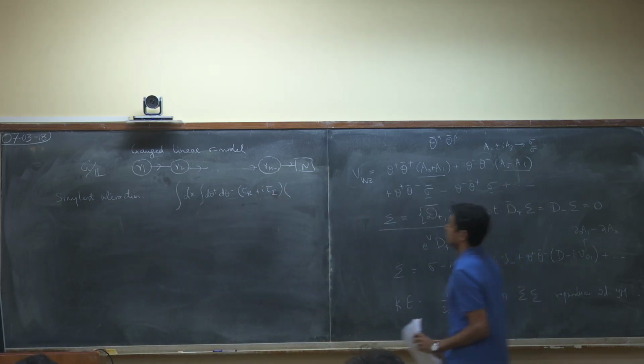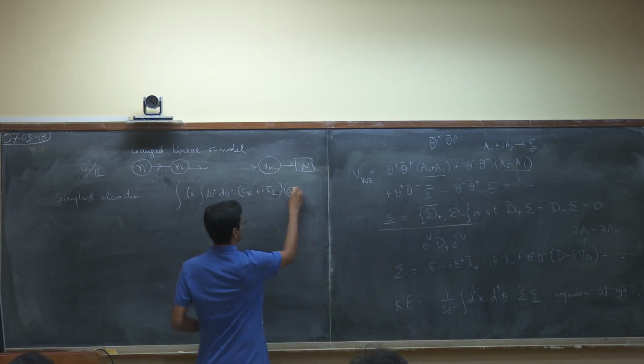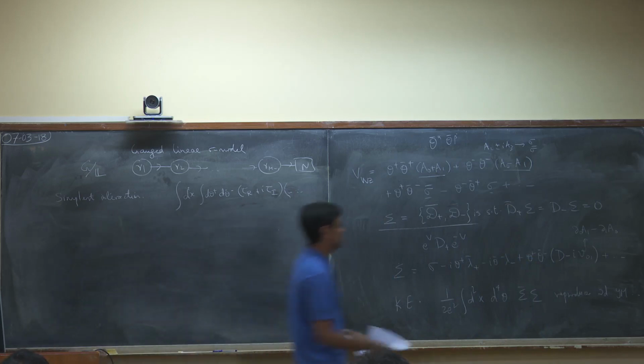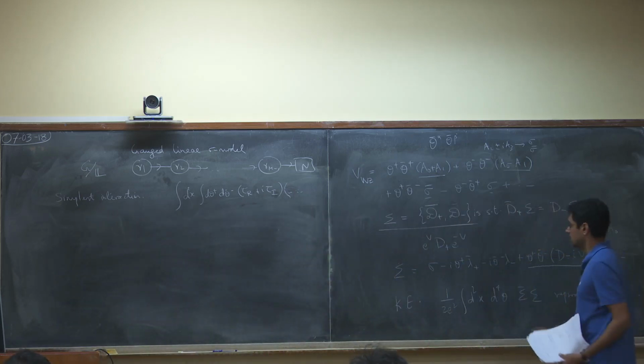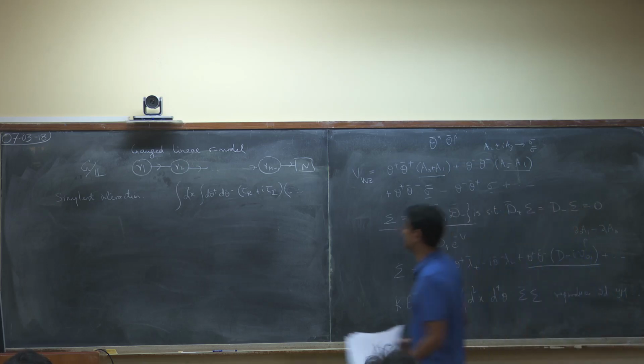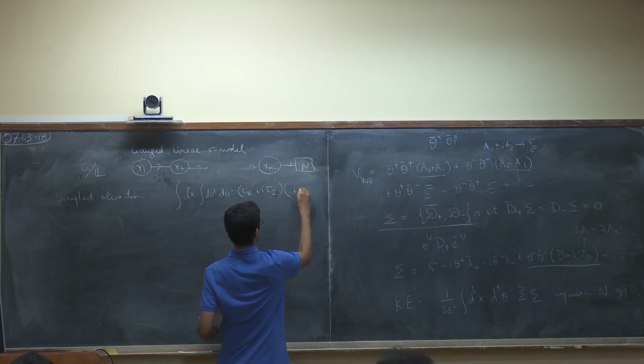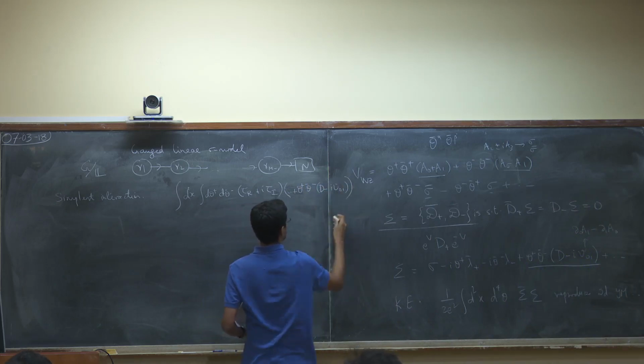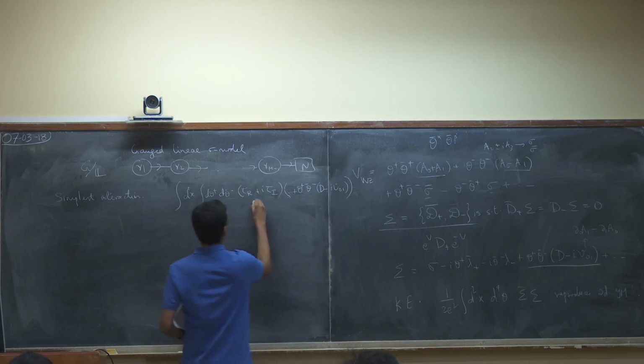So you see, all that matters for the potential term is when this term hits, because everything else will be 0 by superspace integration. So dot dot dot plus theta bar minus (D minus i v01) plus complex conjugate.